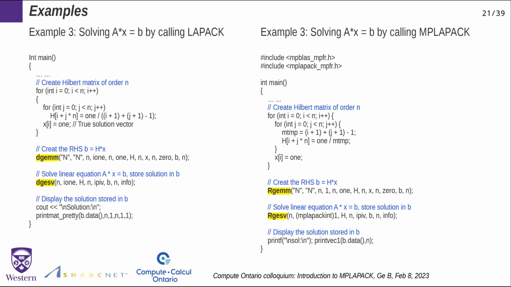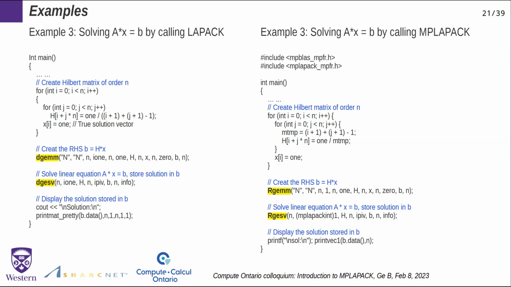So what we do first, we create the right-hand side by multiplying the coefficient matrix by a unit vector. We're calling the BLAS routine GEMM, G-E-M-M, DGEMM. DGEMM is a famous BLAS routine for matrix multiplication.